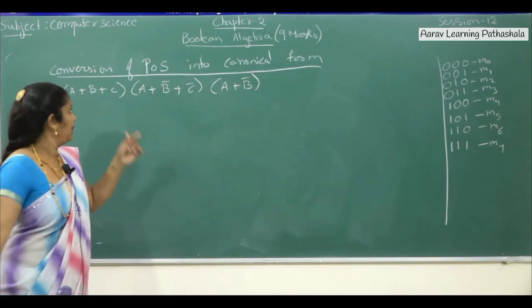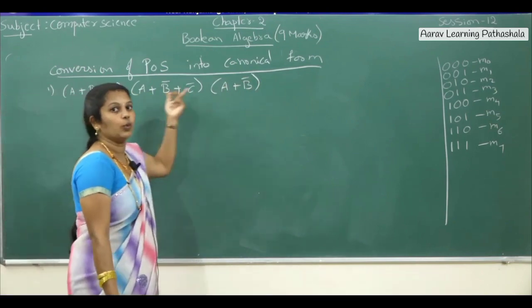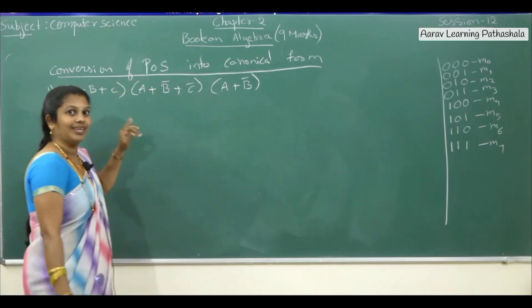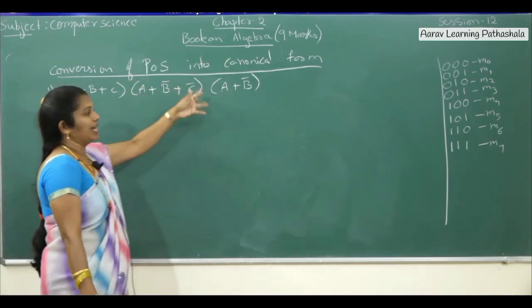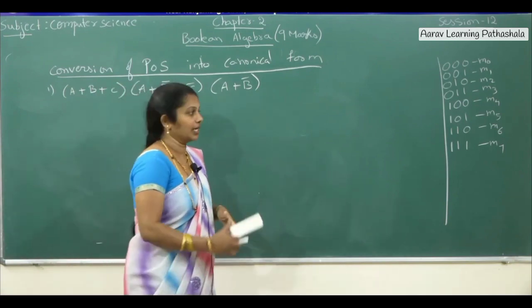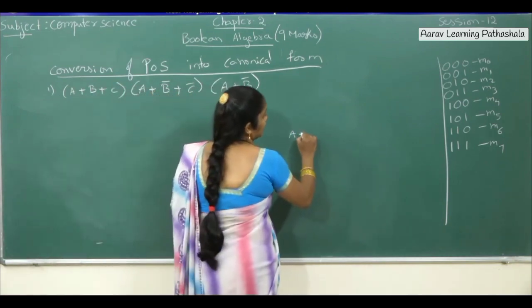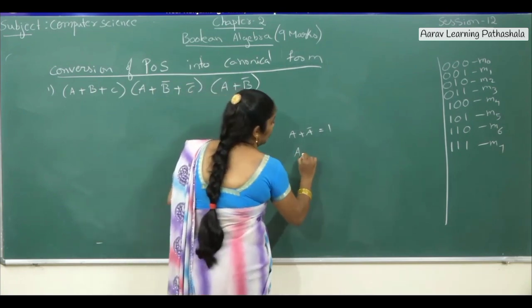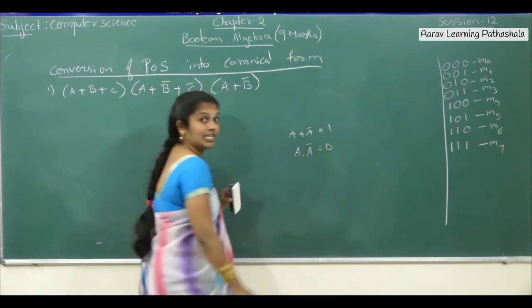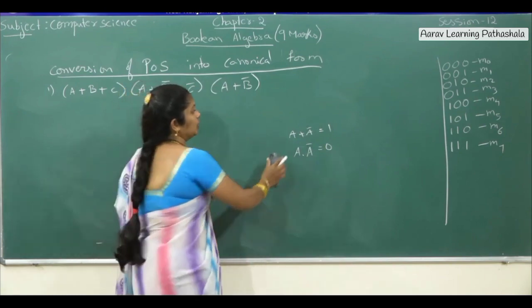In each max term, you have to check which variable is missing, whereas in the min term we checked which variable is missing there. Here a plus a bar represents 1, whereas a into a bar represents 0. Now that we will use here.